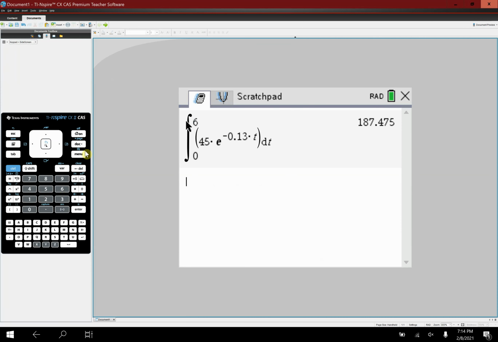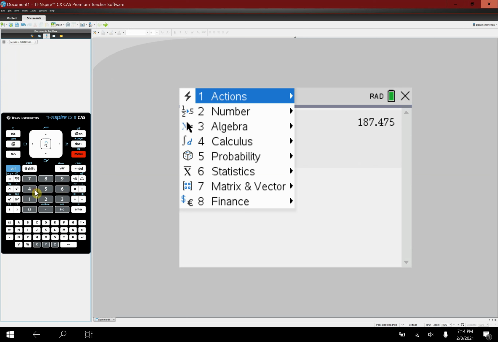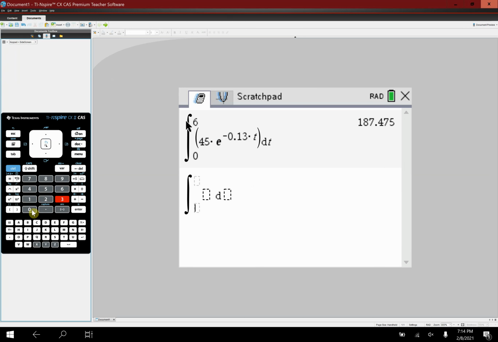So back over here, I can do the integral from 0 to 6 of, and then instead of typing the function, since we've already typed it once, f1 turns bold, that's a good thing, of x, and it has to be with respect to x this time, so dx, and then hit enter, and look, we have the same answer.